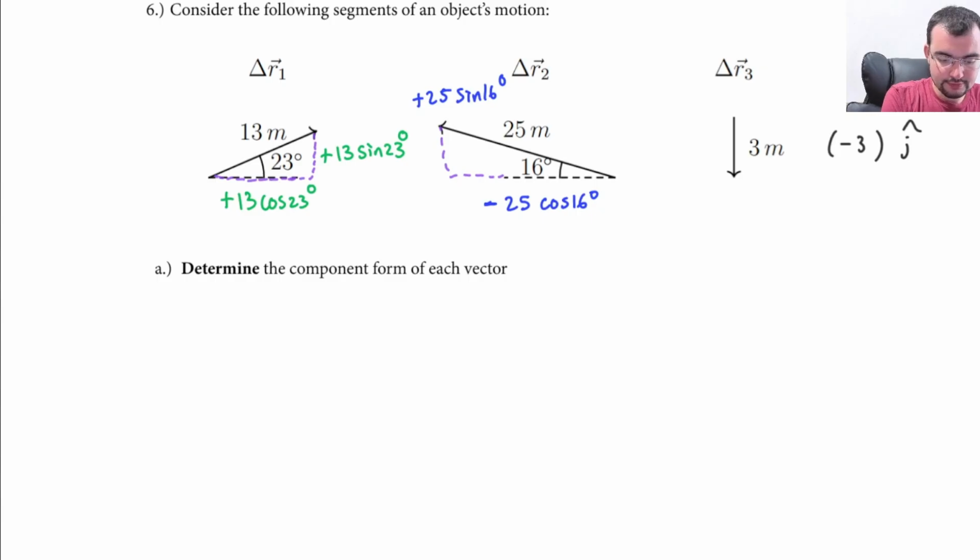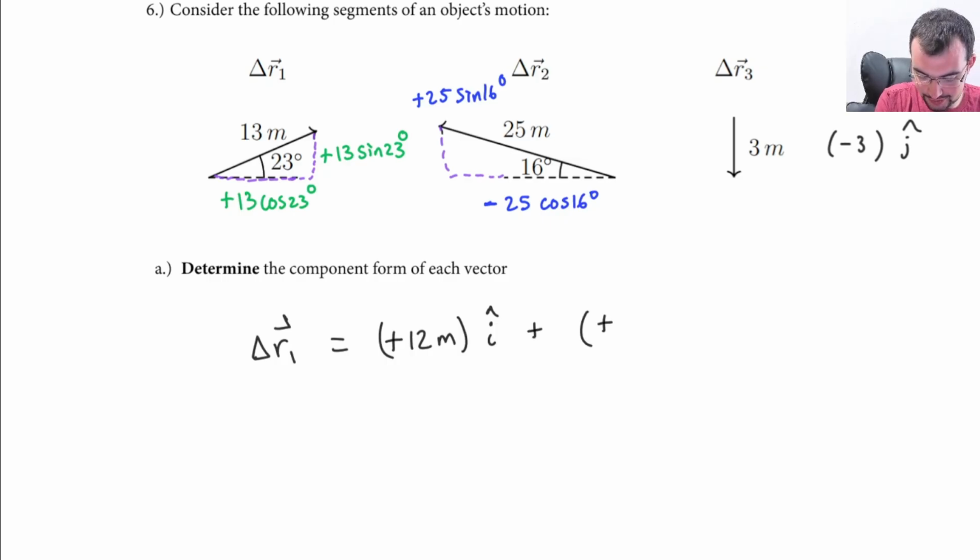So breaking down delta R1 is roughly positive 12 meters in the i hat direction and positive 5.1 meters in the j hat direction.